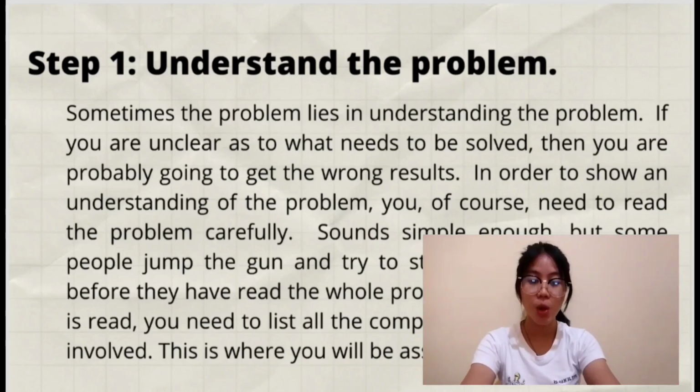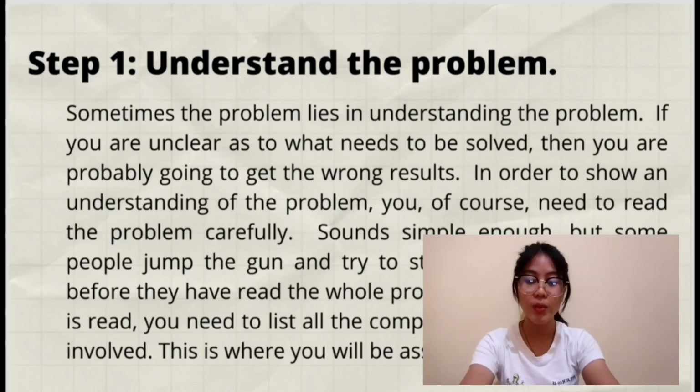In order to show an understanding of the problem, you of course need to read the problem carefully. Sounds simple enough, but some people jump the gun and try to start solving the problem before they have read the whole problem.